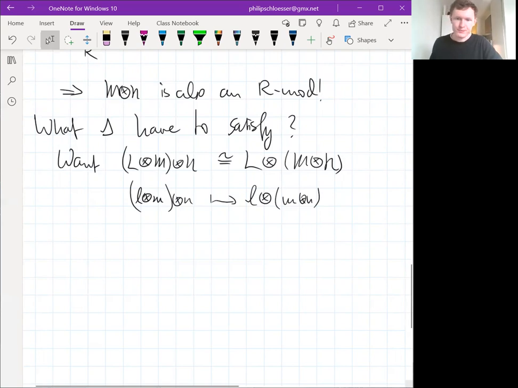And well, what does it mean for this thing to be an R-morphism? Well, this means, so check, I guess.